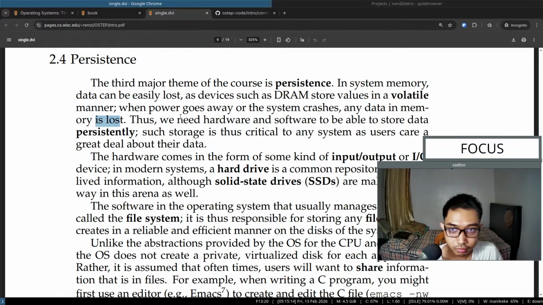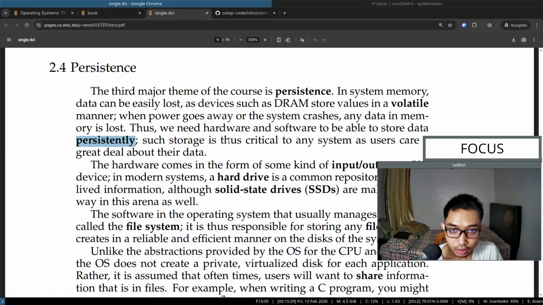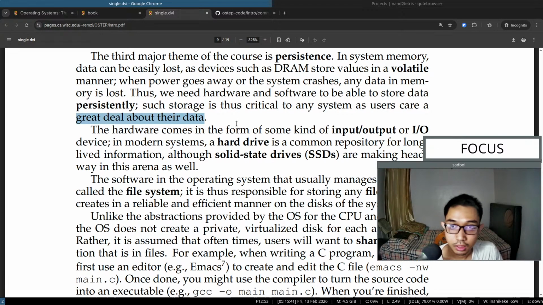Thus, we need hardware and software to be able to store data persistently. Maybe something like saving a file. Such storage is thus critical to any system as users care a great deal about their data.